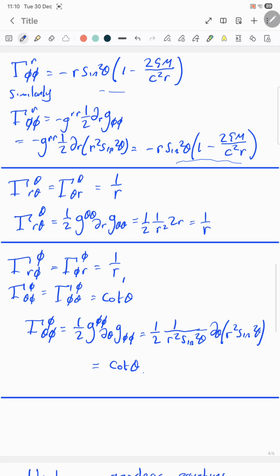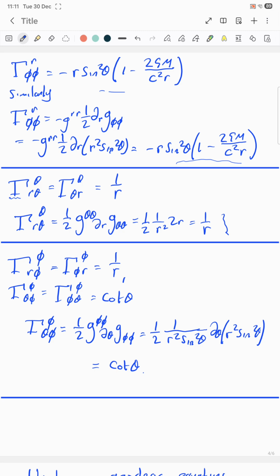Oh, in fact, I think I've just duplicated that, haven't I? Just ignore the top part, I suppose. Gamma theta r theta, and gamma theta r theta, and theta r both equal 1/r. So our Christoffel symbol here is 1/r. And so our Christoffel symbols are given here.